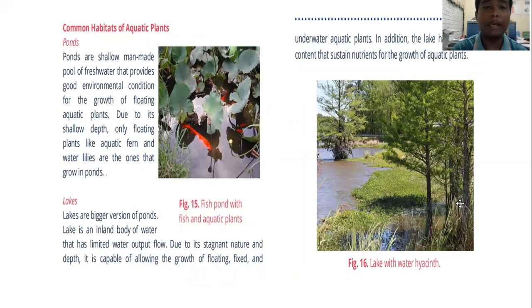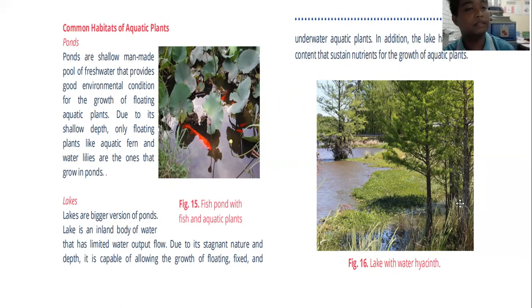Okay, so next, common habitats of aquatic plants. So where we could find these aquatic plants, asa man sila nakapuyo, asa sila makitaan? First we have the ponds. Ponds are shallow man-made pools of fresh water that provide good environmental conditions for the growth of floating aquatic plants.